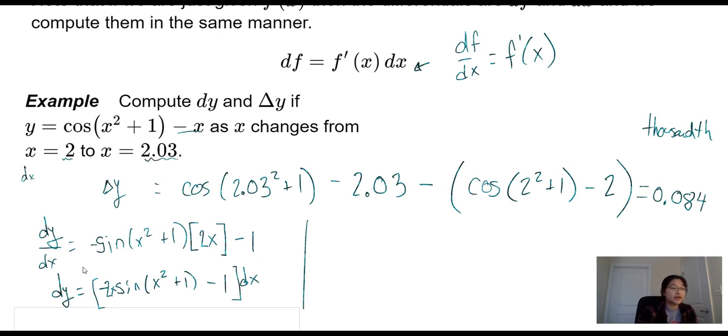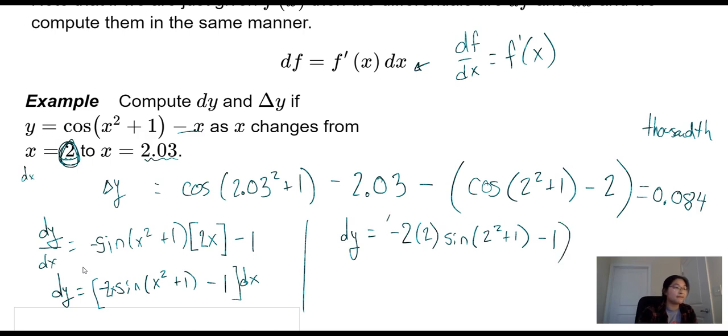So I have dy, poor board management, dy is going to be negative 2, and then what x value am I plugging in? I'm actually plugging in my original, the first one that I knew, which is 2. And that's unfortunate that those are both 2's. And then I have sine of 2 squared plus 1 minus 1.